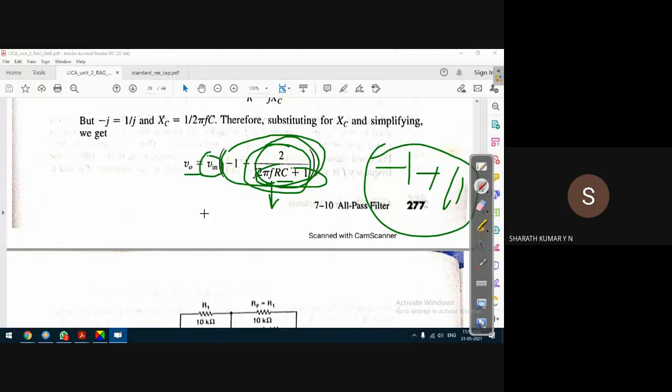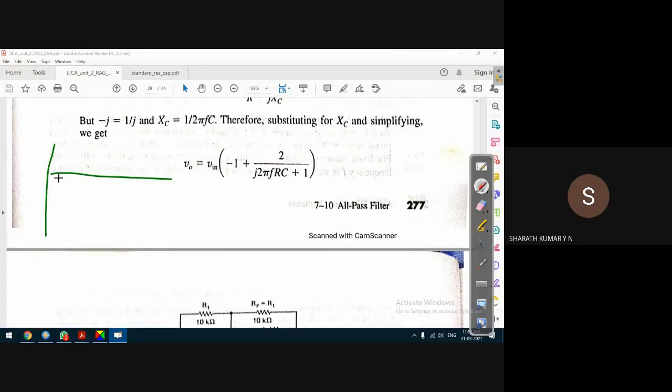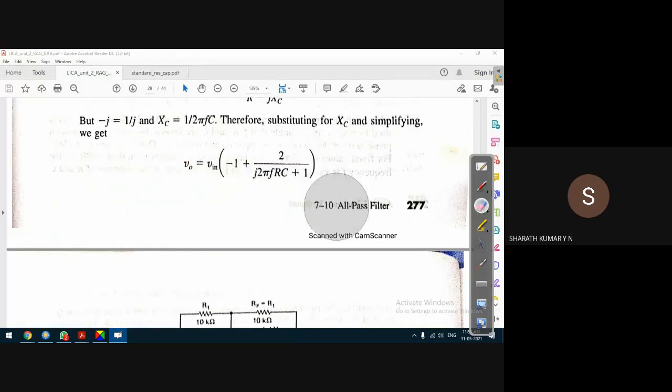So the output voltage varies with respect to the frequency. In terms of the shape of the signal, the output voltage is the same as the input voltage, but there is a phase shift. That phase shift depends on the values of R and C, and ultimately depends on the frequency of the input signal also.